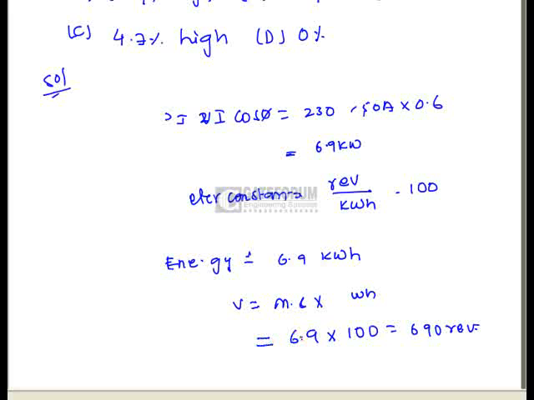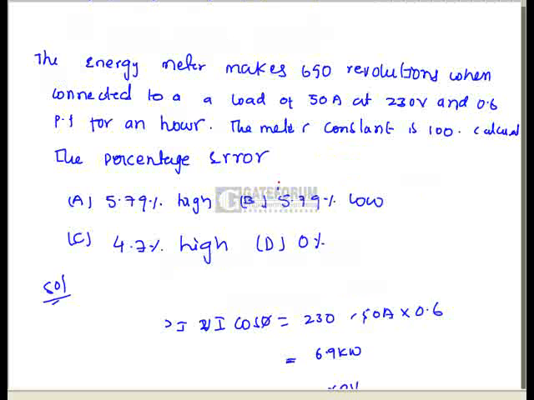So the meter is running slow, and we can go for option B directly.